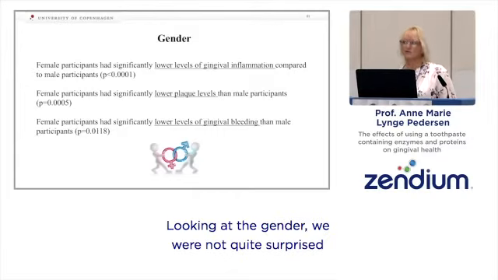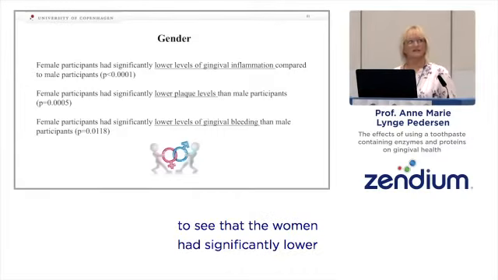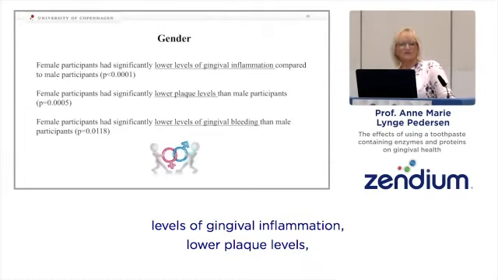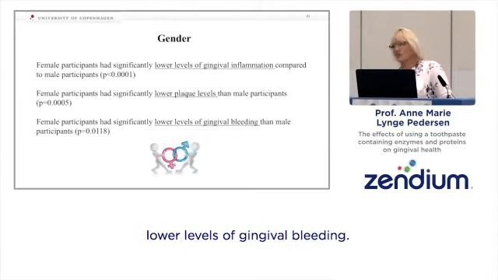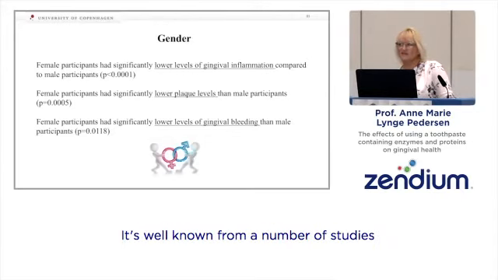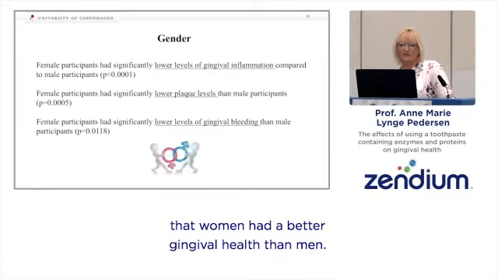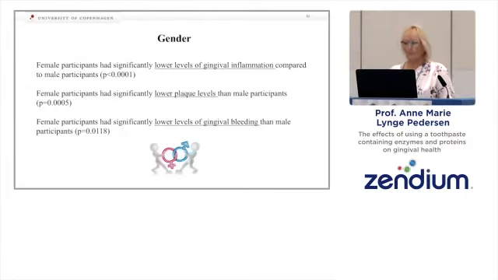Looking at the gender, we were not quite surprised to see that the women had significantly lower levels of gingival inflammation, lower plaque levels, lower levels of gingival bleeding. It's well known from a number of studies that women have a better gingival health than men.